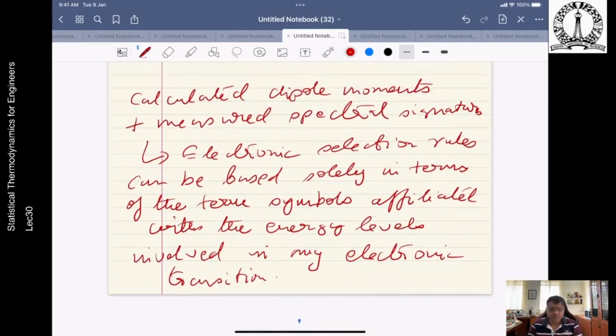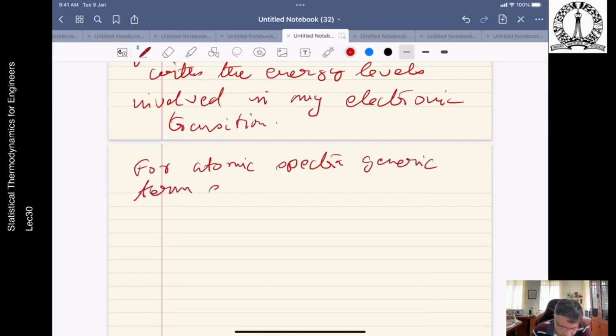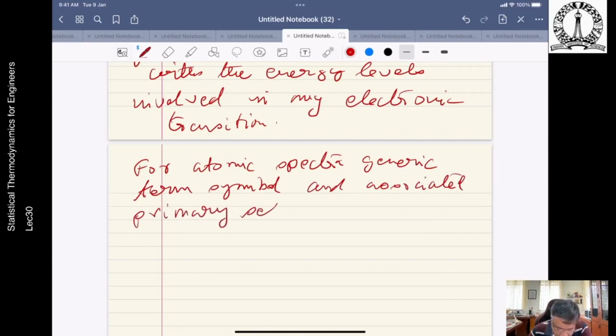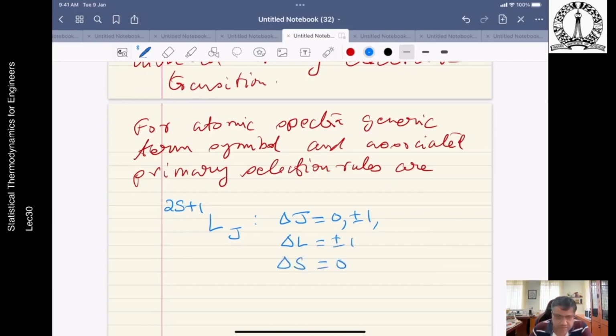Let's look at it for atomic spectra. The generic term symbol, 2S plus 1, L, J, and the associated primary selection rules are: delta J is 0 or plus or minus 1, delta L is plus or minus 1, and delta S is equal to 0.